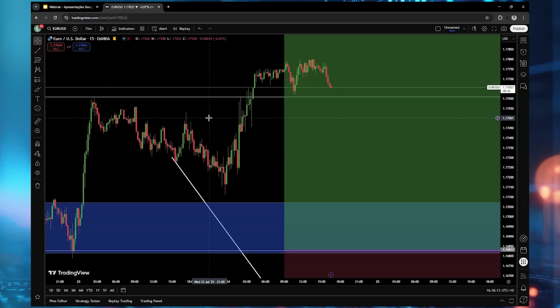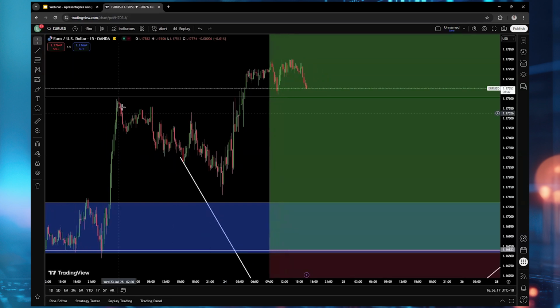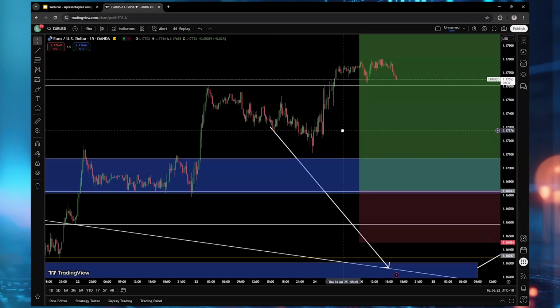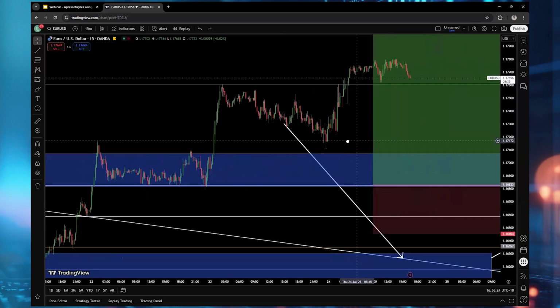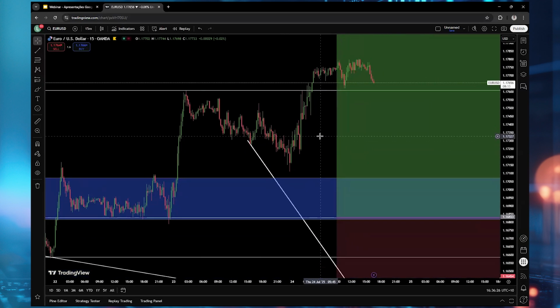So basically here you have two options. As we see, there's just a break of this stop, so it looks like it's forming some sort of uptrend, but in a very minor stage.